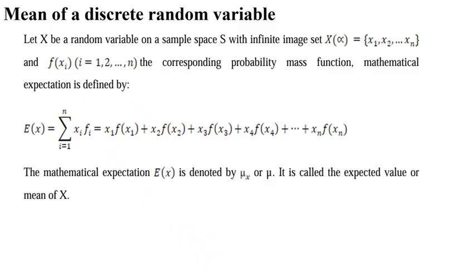E of x equals the summation with i ranging from 1 to n of xi f of xi, which gives us x1 f of x1 plus x2 f of x2 plus x3 f of x3 up to xn f of xn. The mathematical expectation, E of x, is denoted by mu x or mu.